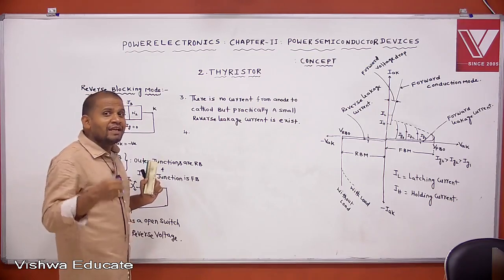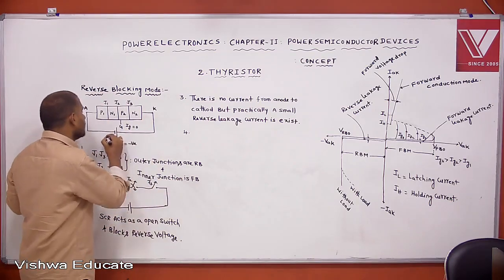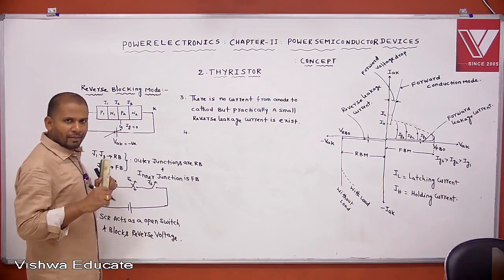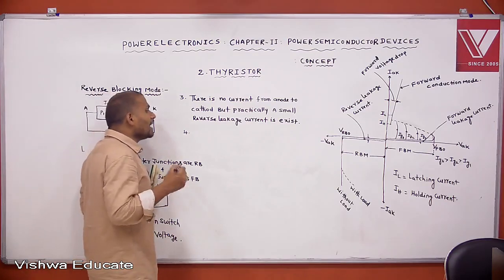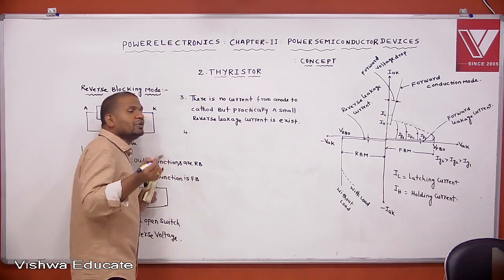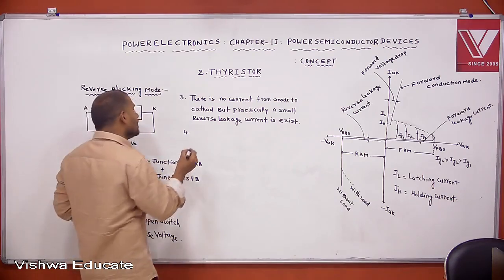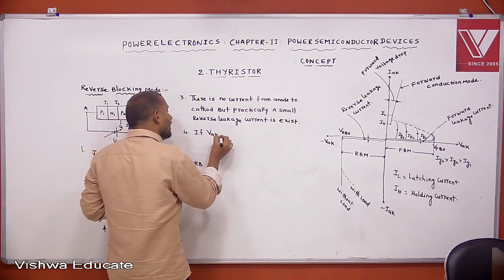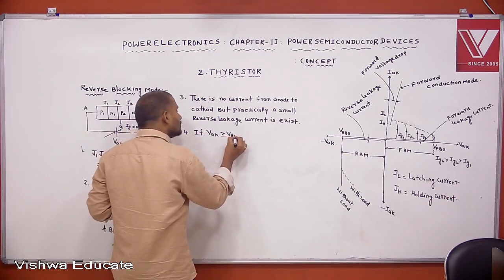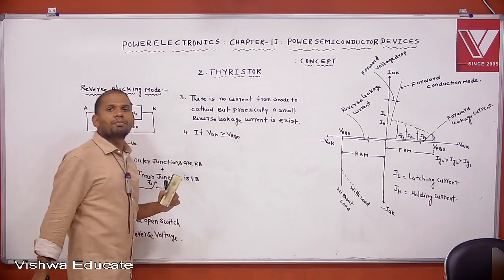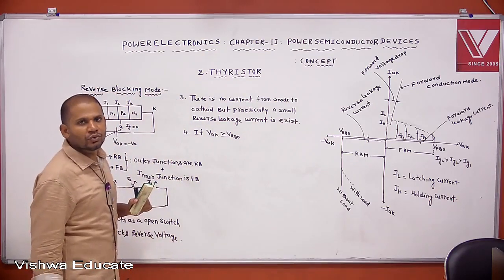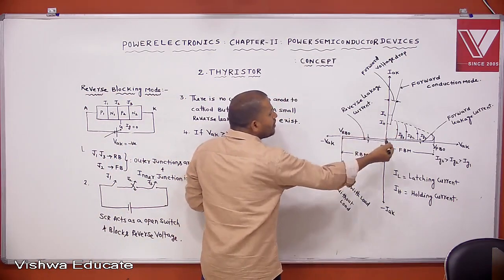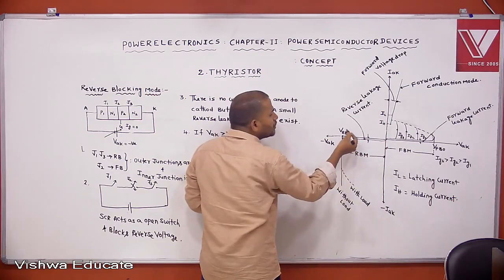If you continuously increase the reverse voltage across the SCR, and VAK becomes greater than or equal to VRB0, that is, the reverse voltage reaches the reverse breakdown voltage, then what happens?